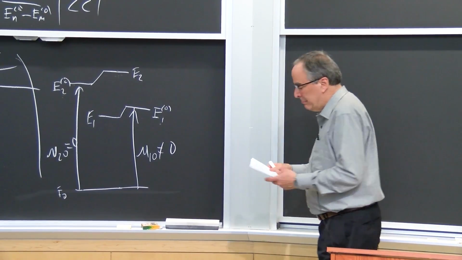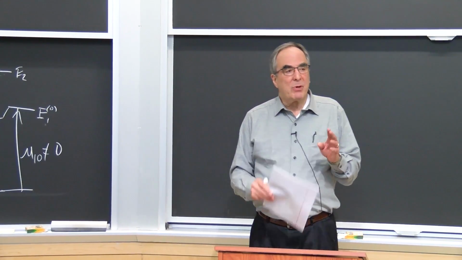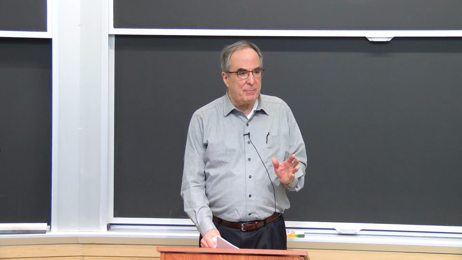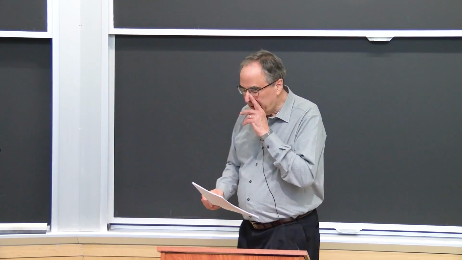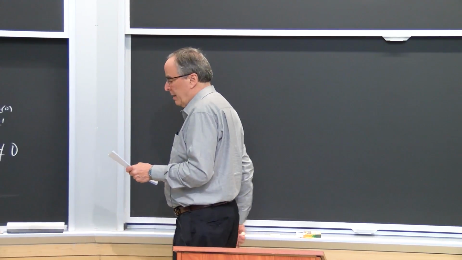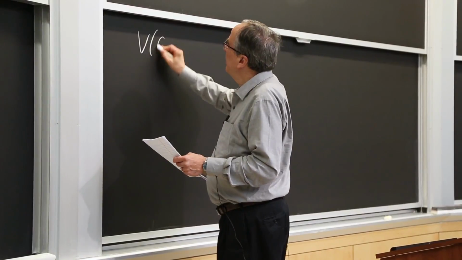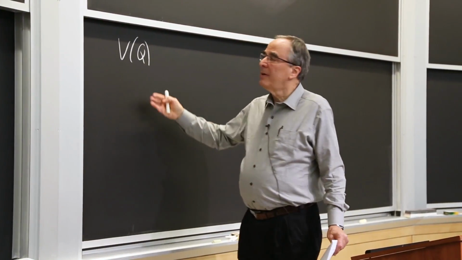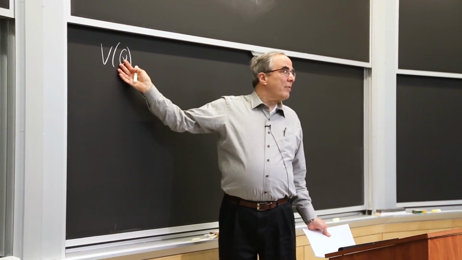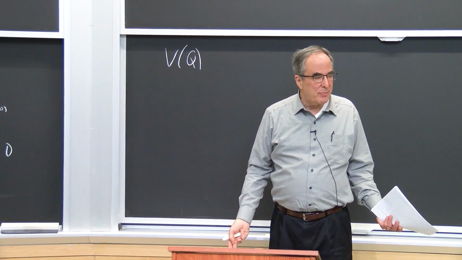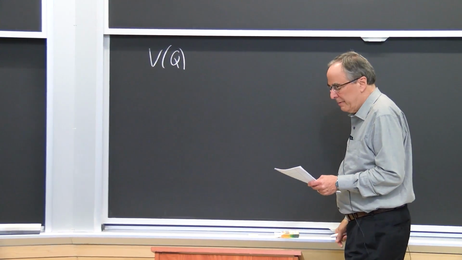Okay. So now I'm going to talk about stuff that I've talked about before, but I'm going to go a little deeper and slower. So let's do this problem. We have a potential, and for molecules, we tend to use Q rather than R or X as the displacement from equilibrium, the harmonic oscillator coordinate.